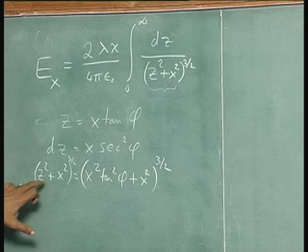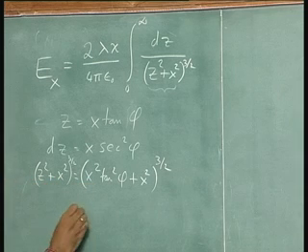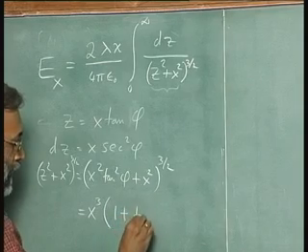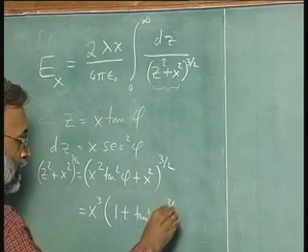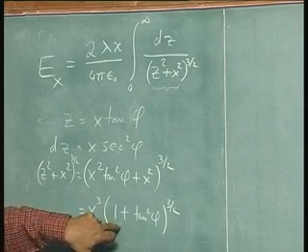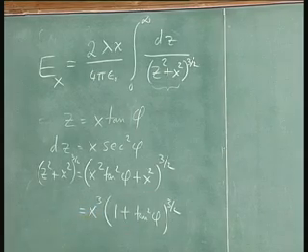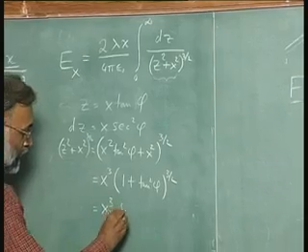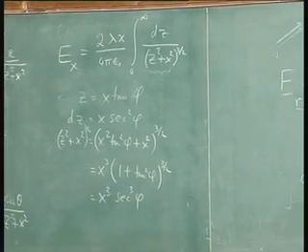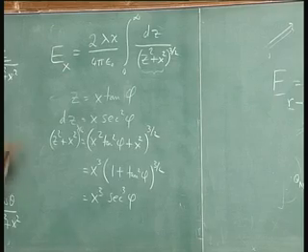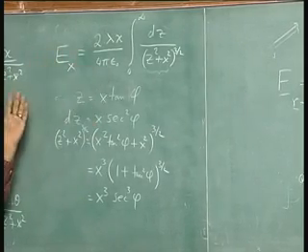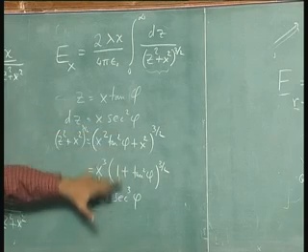I have substituted for z, which is x cubed times 1 plus tan squared phi to the power of 3/2. But tan squared phi plus 1 is nothing but secant squared phi. So, it becomes x cubed secant cubed phi. So, I get terms involving x which just come out, and terms involving secant.